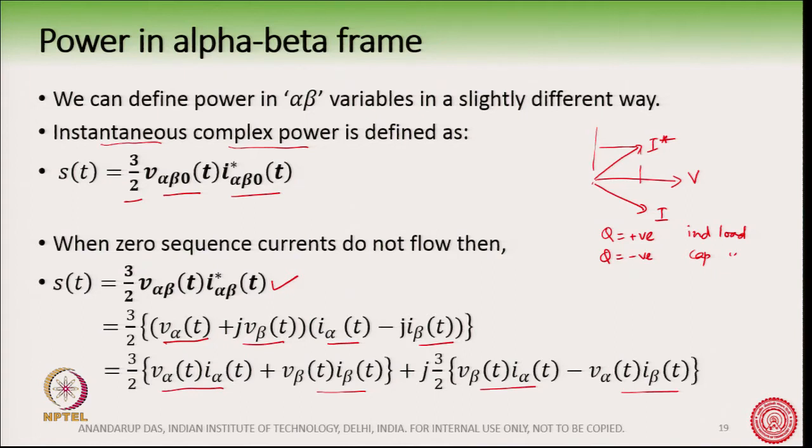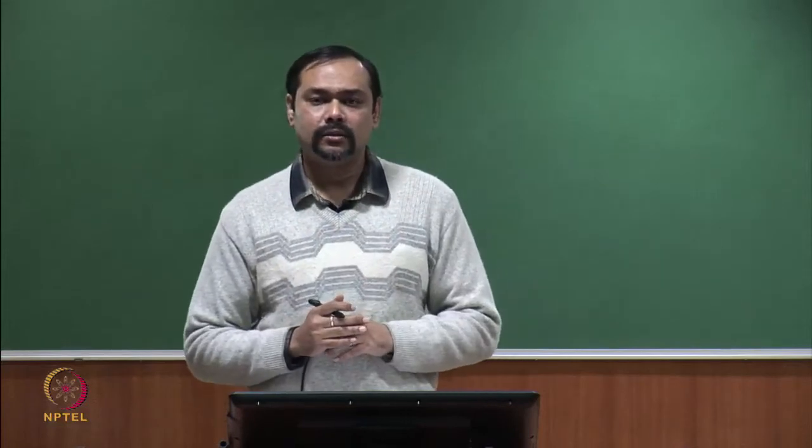There are two terms like V alpha I alpha and V beta I beta, they are the projection on the same axis, whereas V beta and I alpha is the product of two variables which are orthogonal. V beta is on the beta axis, and I alpha is on the alpha axis.